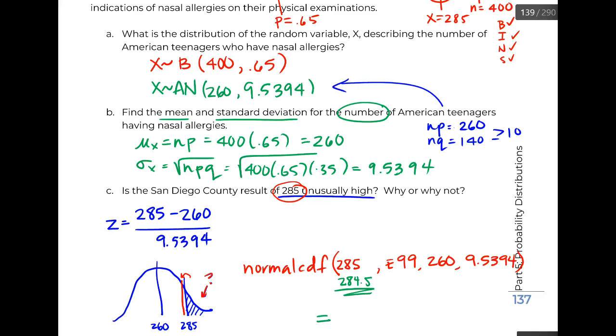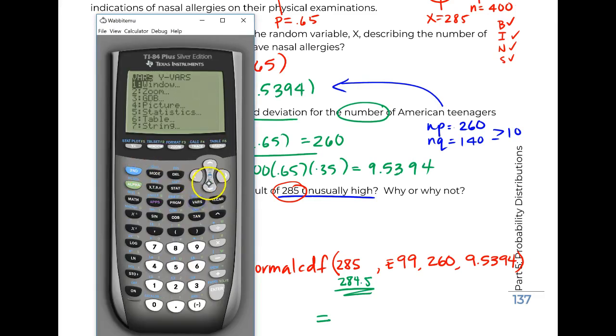So with the continuity correction, 284.5, E99, 260, 9.5394. Oh, I forgot a comma.